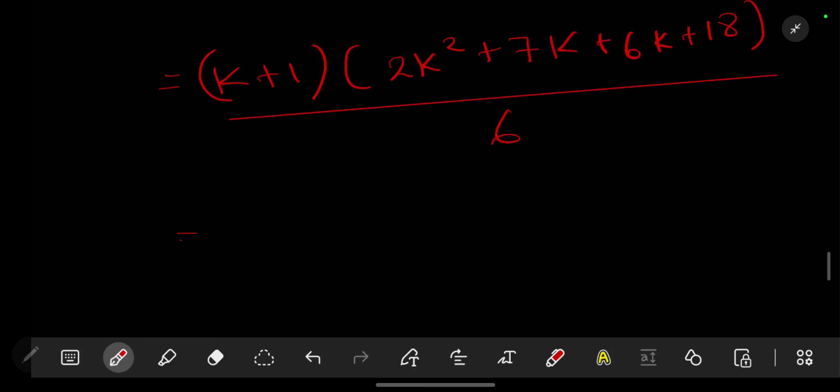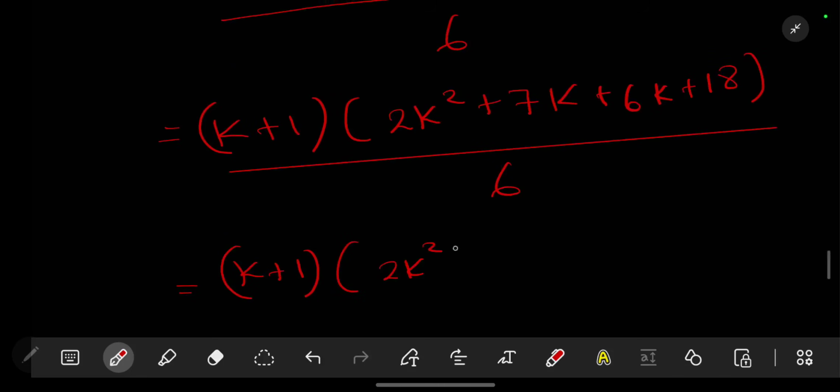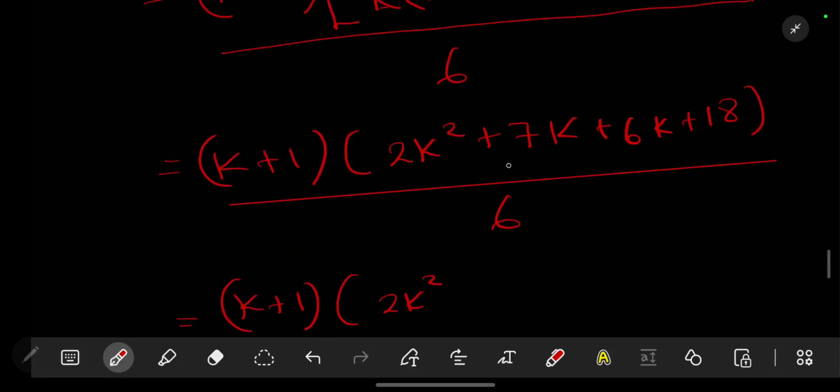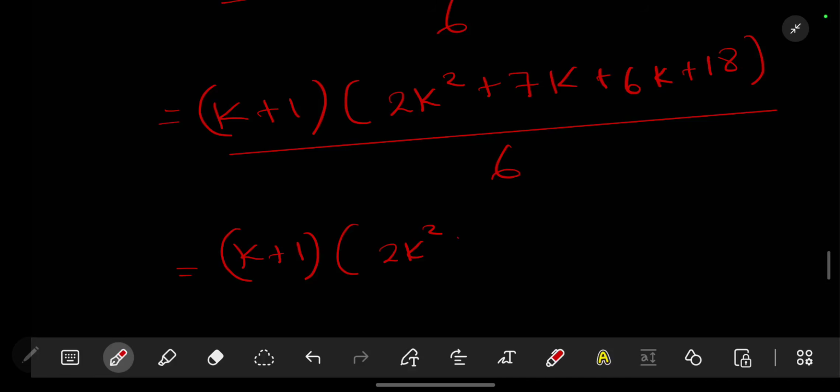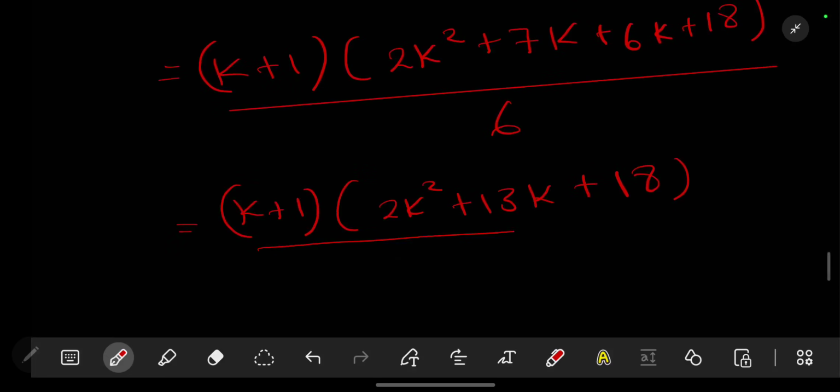So this gives us k plus 1, then 2k squared, 7k plus 6k gives us 13k, plus 18, over 6.